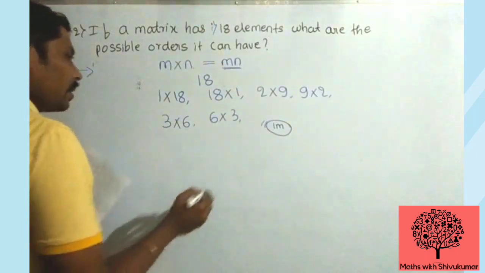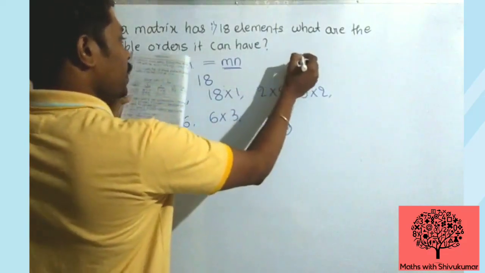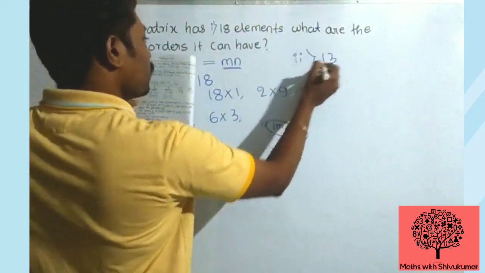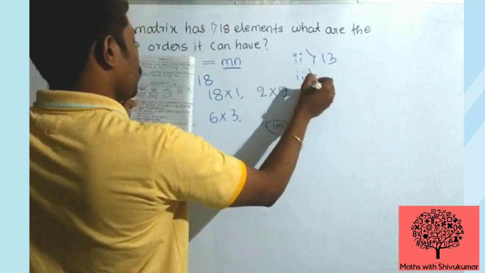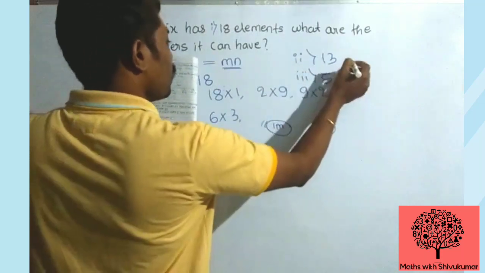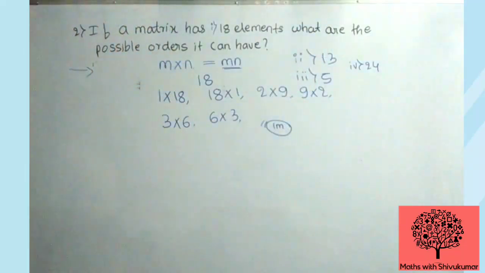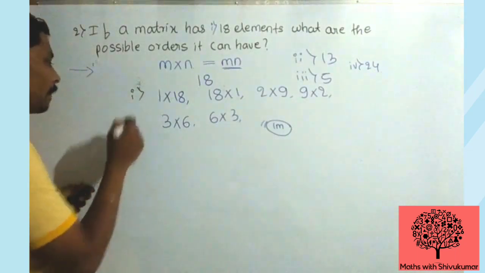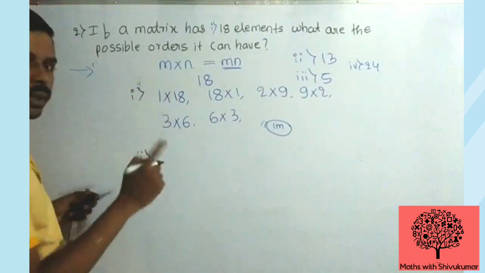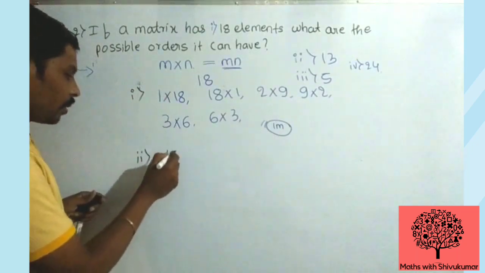So another one is there, the second one is 13, third one is 5, fourth one is 24. So these are the available questions. I want a quick answer from your side. So 13 means what are the possibilities? Start with 1. 1 cross 13.